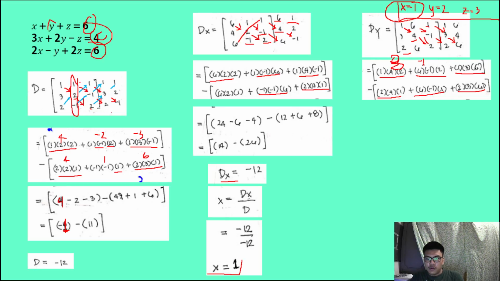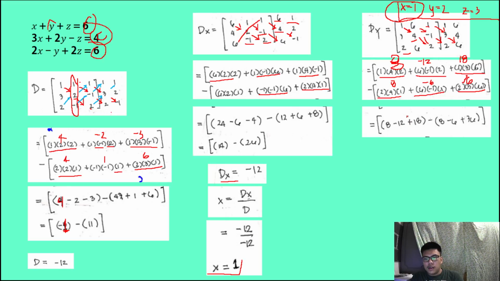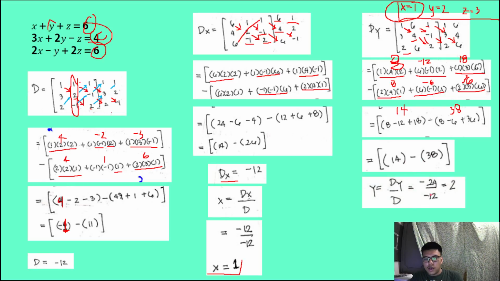This is negative 12, 6 times 2 times negative 1, then this is 18. This one is 8. Here we have negative 6, and here we have 36. So simplifying that, okay, so 8 minus 12 plus 18, that is equal to 14. And dito naman, negative 6, okay, 38. So we have 14 minus 38, that is equal to negative 24.